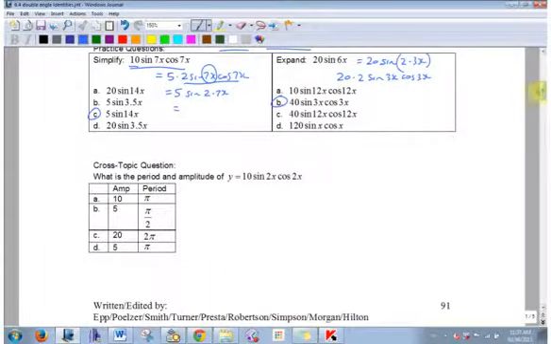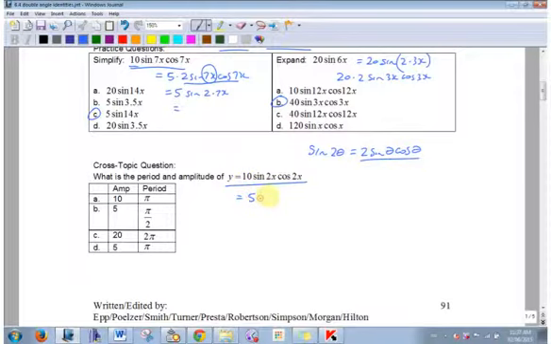Multiple choice question. What's the period and the amplitude of this guy? I have no idea, because that's not looking like something I want to look at. But I do know sine 2 theta is 2 sine theta cos theta. Okay, so I want this to look like that.